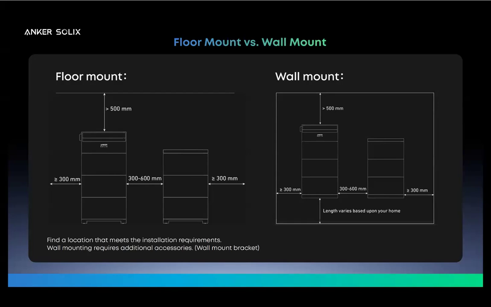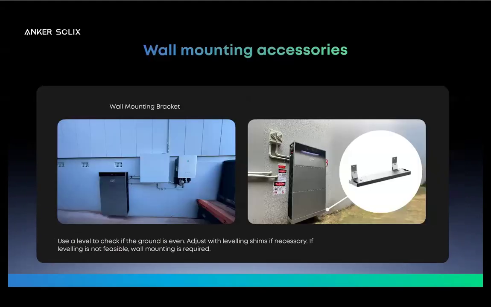The bracket itself to wall mount is an additional product. I think it's only around the $100 mark, so it's not too bad. But if you do have a seriously uneven floor, or if it's in a location that is going to be challenging to have it sitting on the ground, particularly down the side of a house, I think wall mounting is going to be the best option for you. Next. And here's some examples of that wall mounting system.